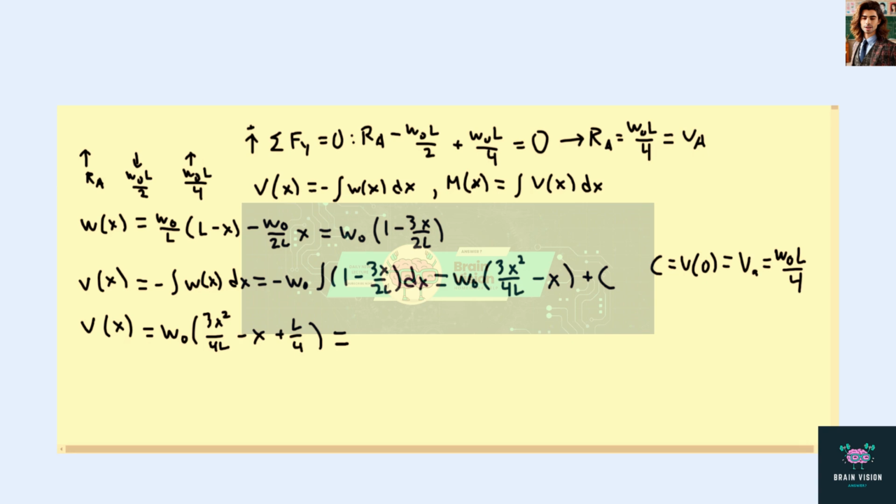This is going to make it easier to solve this equation and to find a maximum for M. All right, so when we do that, we get a 3 times x over L squared minus a 4 times x over L and a 1. Okay. And so this is our V of x.